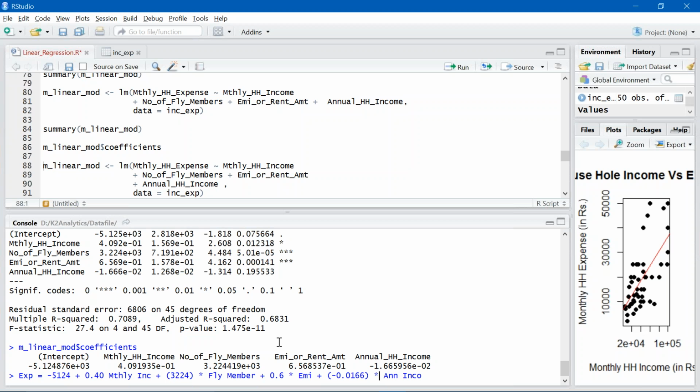Yes. But the beta is coming as negative, minus 0.0166. Does that make sense? If the beta minus 0.0166 is not making sense, then there is a problem with the model. Do you agree?